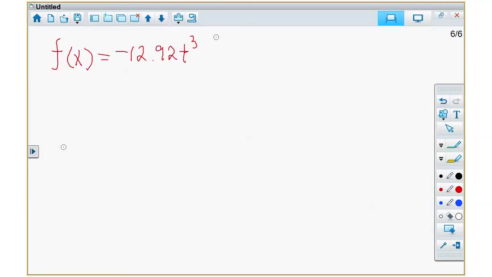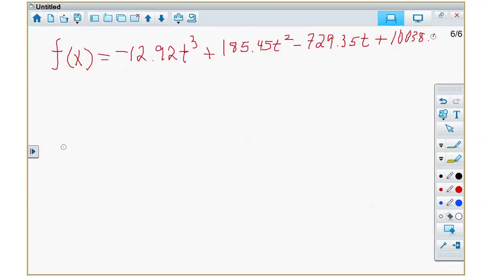Plus 185.45 t squared, minus 729.35 t, plus 10038.57.